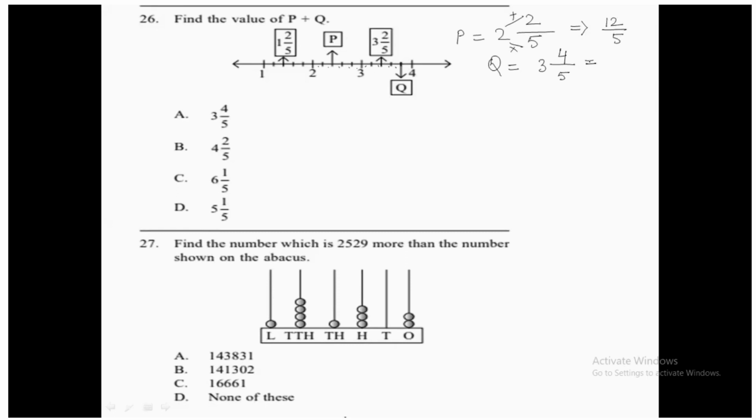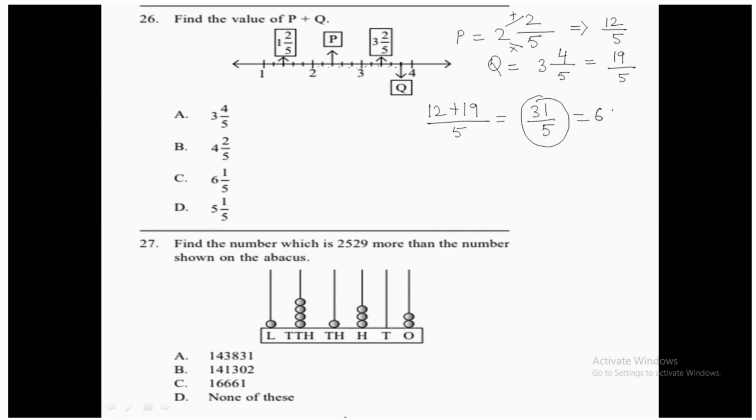Converting this mixed fraction into an improper one, 5 threes are 15, 15 plus 4 is 19, so 19 by 5. Now let's add them together. We are getting 9 plus 2 is 11, 1 over here. Now 1 plus 1 is 2, plus 1 is 3. 31 by 5. Now, if I convert this 31 by 5 into its mixed fraction form, what am I getting?